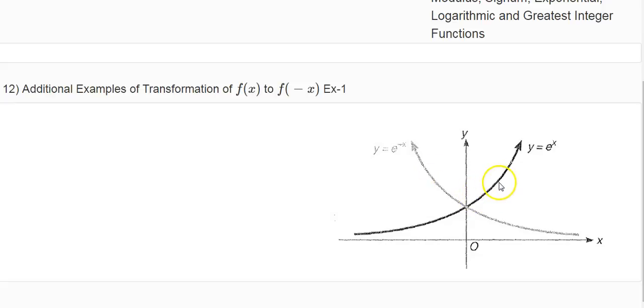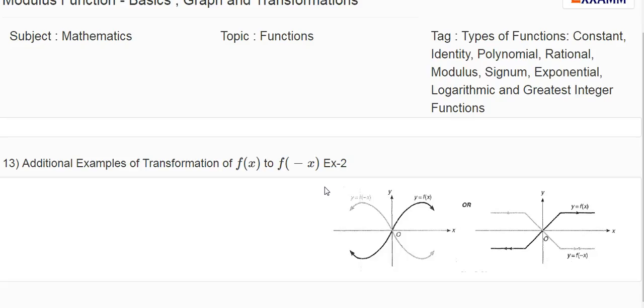So in this case, the graph of y is equal to e to the power x, when we transform it to y is equal to e to the power minus x, we take the mirror image along the y-axis. We will consider another example from which it would become more apparent.